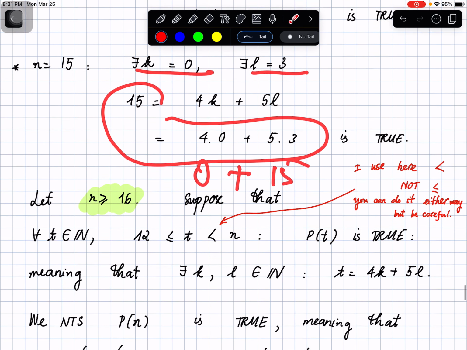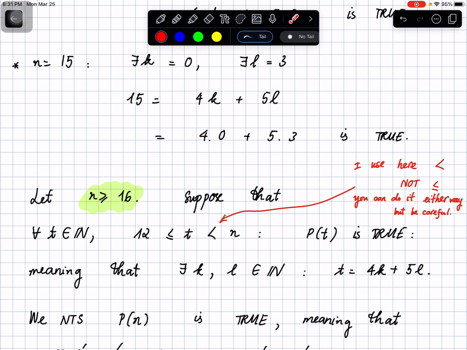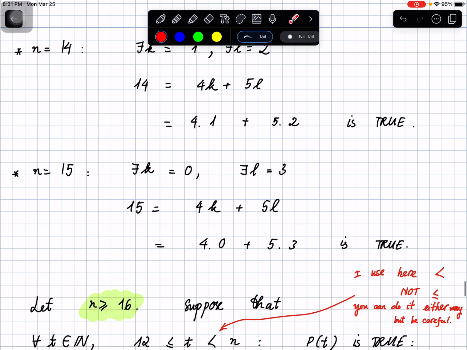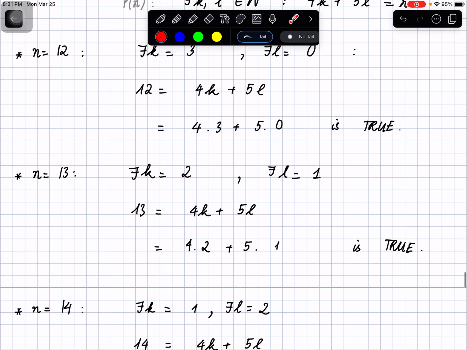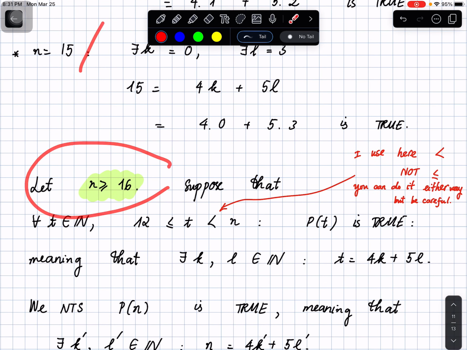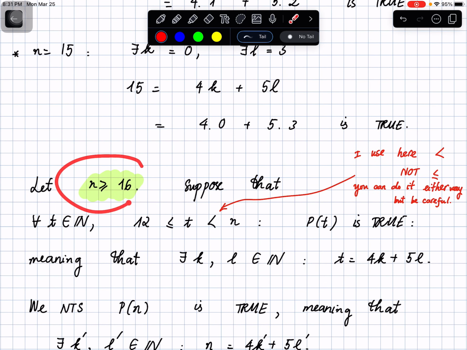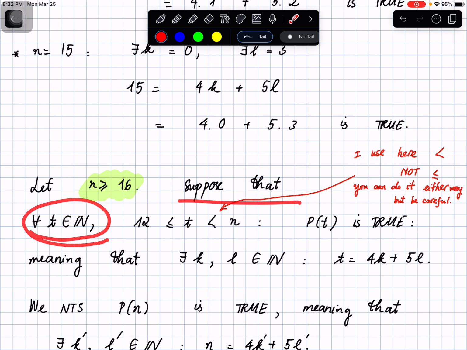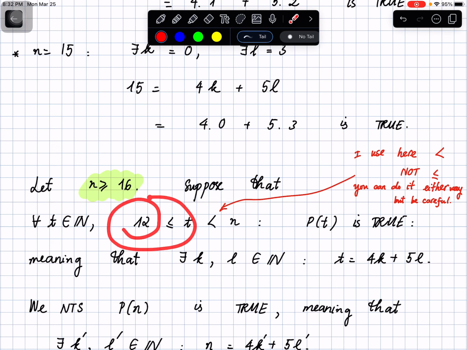Okay, we're good. We did prove it for 12, 13, 14, 15. Now let n be at least 16. We want to show that it's true for any n at least 16, so we do it by induction. Suppose that for any natural number t greater than or equal to 12 and less than n, P(t) is true. Here I use strictly less than n.